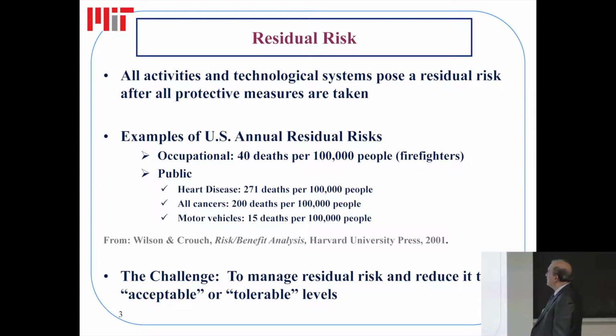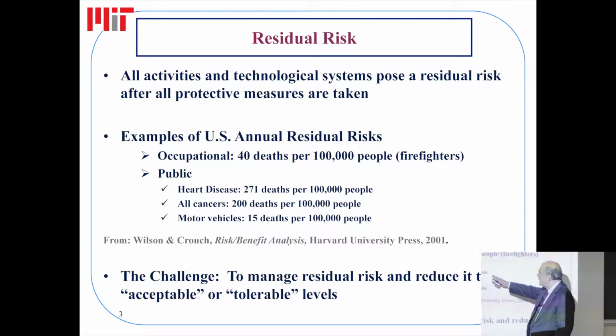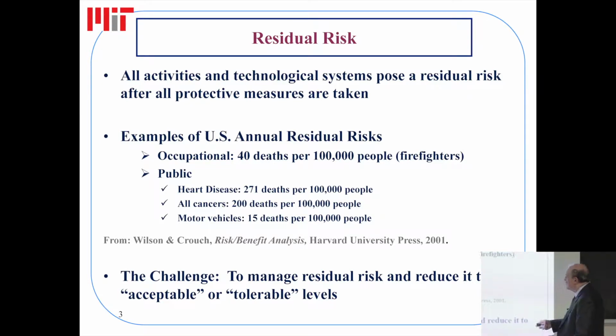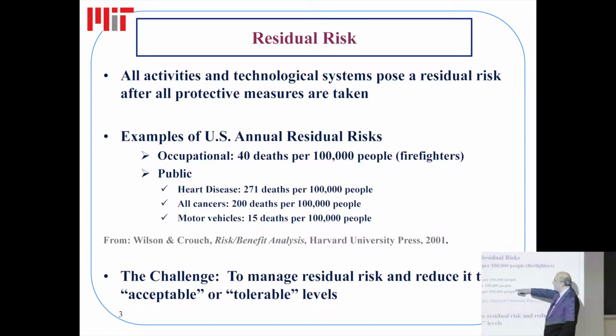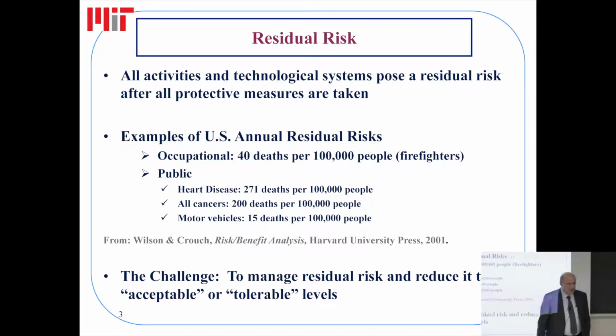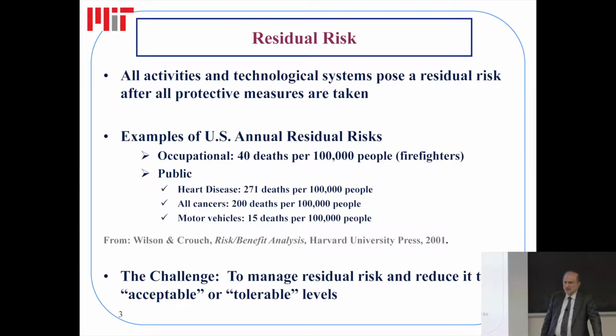annual residual risk, occupational risk is about 40 deaths per 100,000 people. Heart disease is the number one killer when it comes to illness. These are important because the safety goals of the Nuclear Regulatory Commission were based on these. Okay?